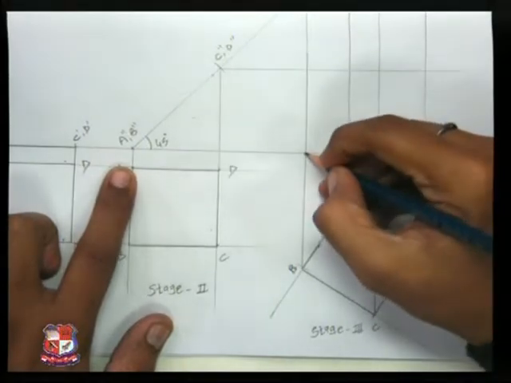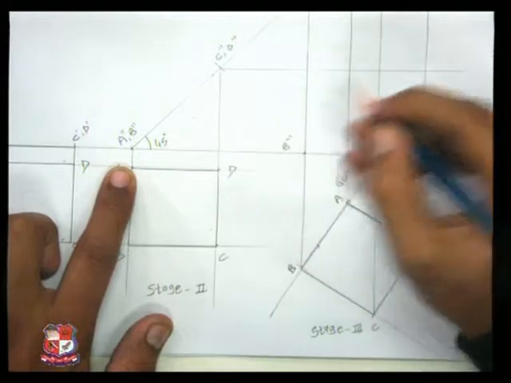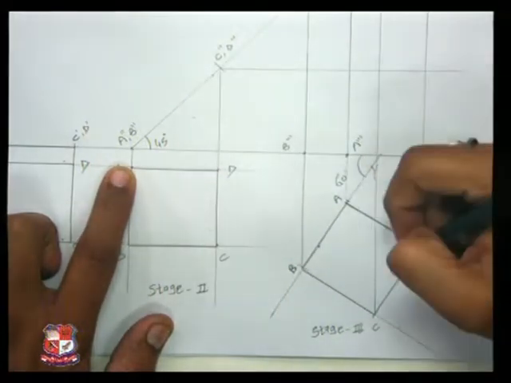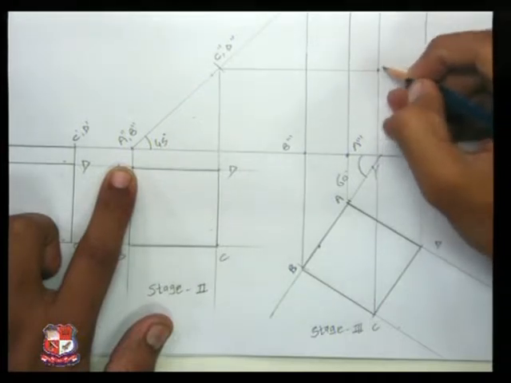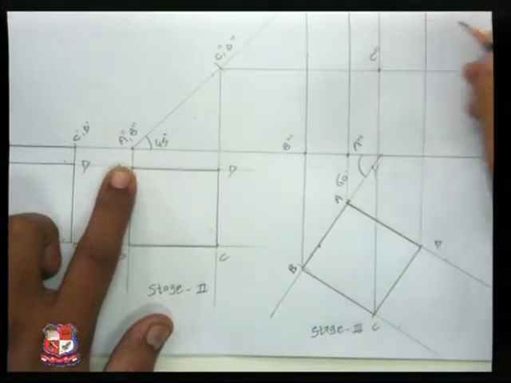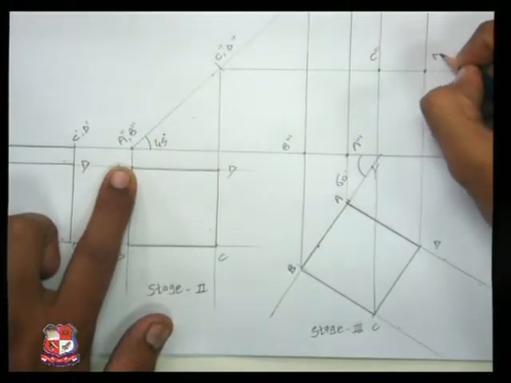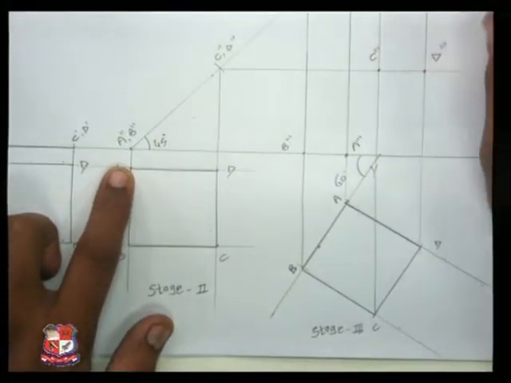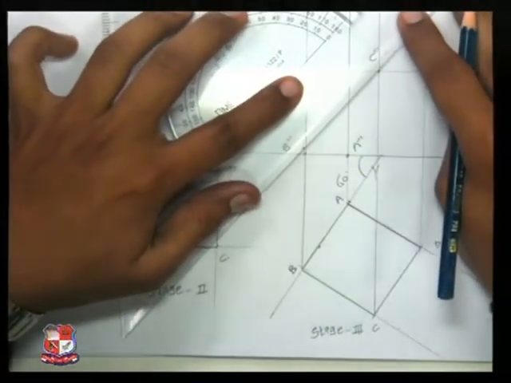B to B line means B triple dash would be over here. C to C line, C triple dash would be here, and D to D line, D triple dash would be here. Join these 4 points together.